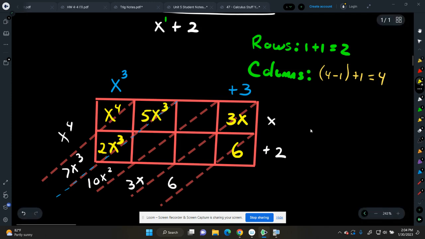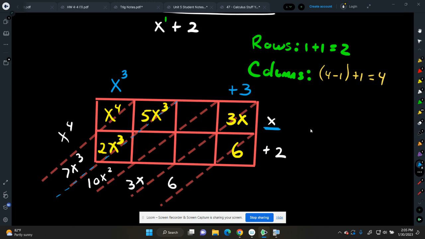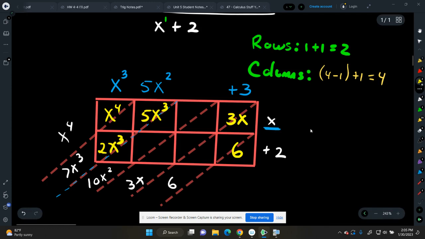What did I have to multiply this x by to make it a 5x to the 3rd? 5x to the 2nd. 5x to the 2nd times x gives me 5x to the third. Now I can fill in the rest of this column. 5x to the second times 2 equals 10x to the second.